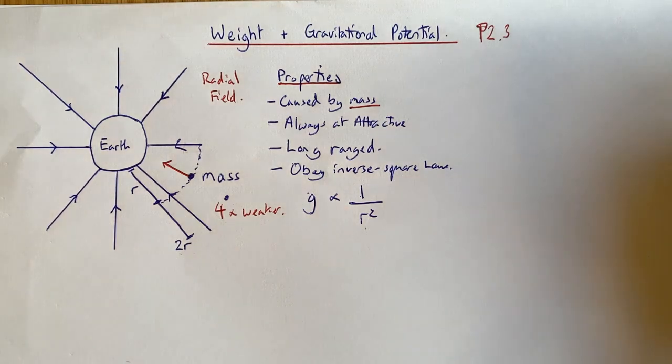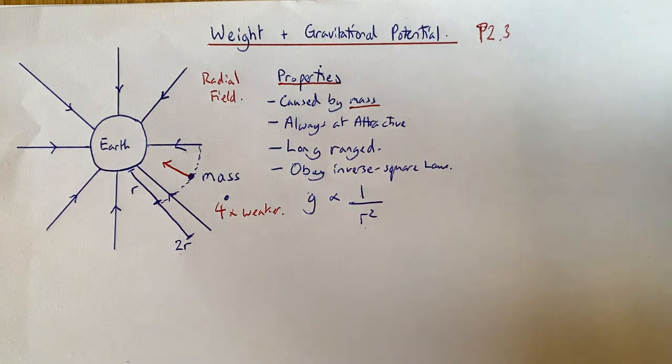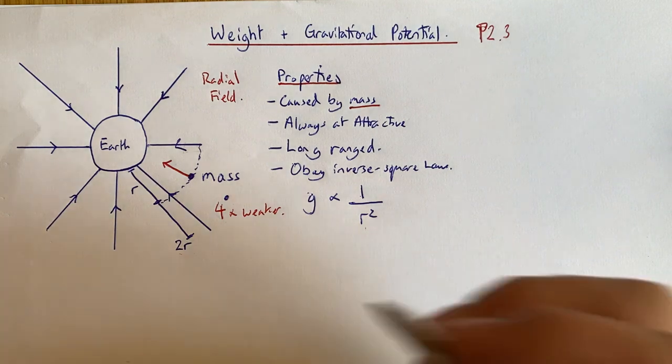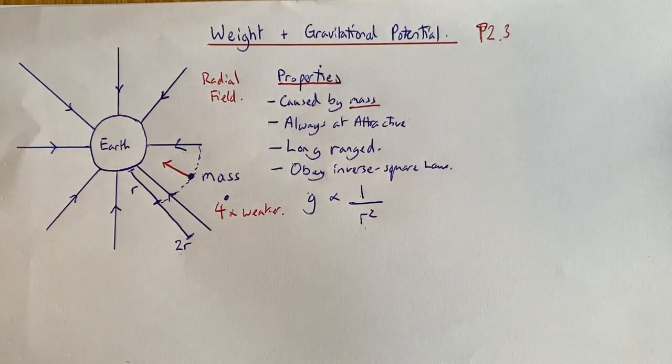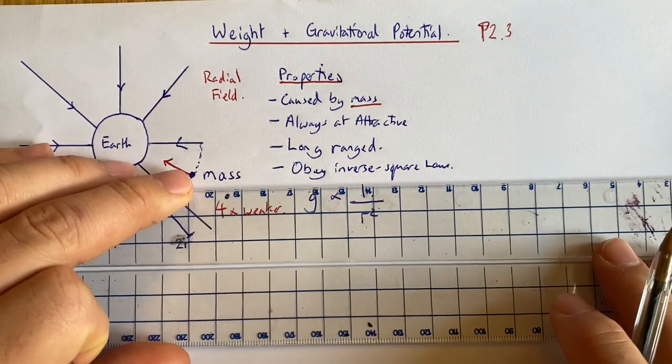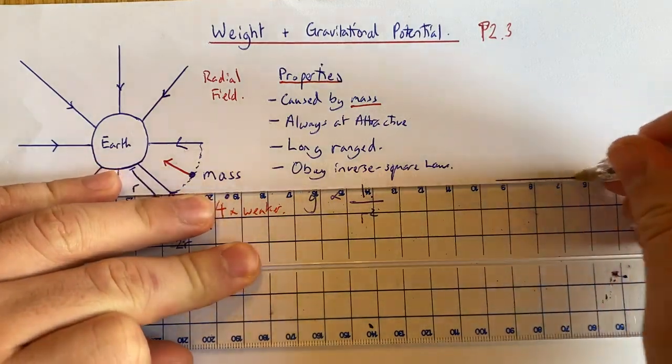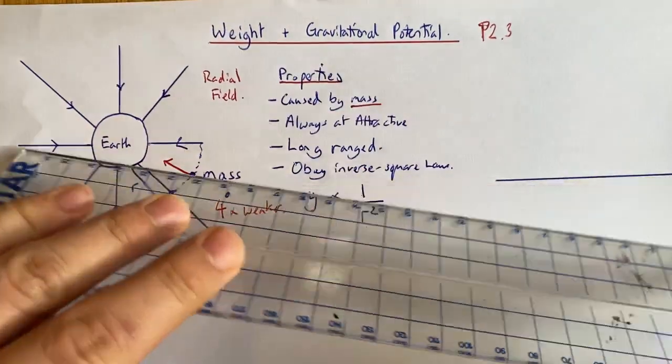So let's just relate this then to how much force something of 1 kilogram mass would experience at a point in this field, okay? Now, when we think about gravitational fields in the lab, we have a slightly different picture in mind. This is when we think of them on large scales.